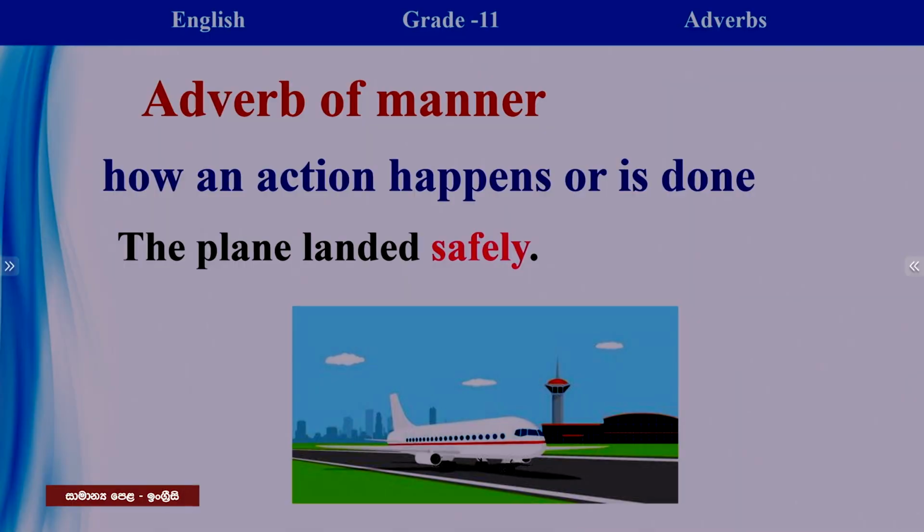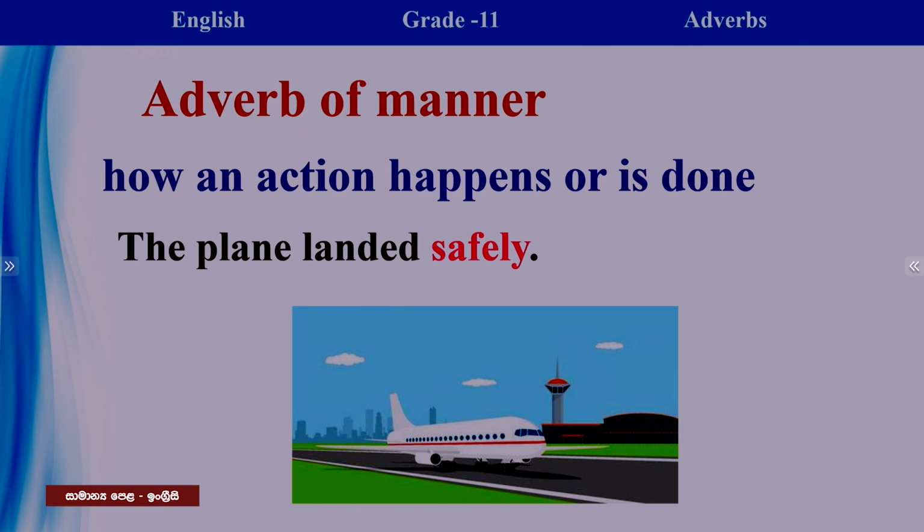First we will take adverb of manner. Adverb of manner tells you how an action happens or is done. In other words, it tells us how something happens. For example, look at the screen here. The plane landed safely.